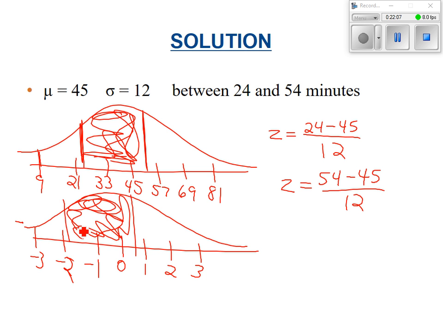So what we want to put in, our lower limit, 24. If you're on the old calculator, you put in 24, comma. Your upper limit's 54. Put that in, comma. Then you put in your mu, which is 45.